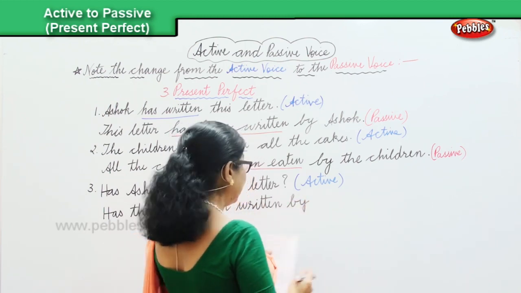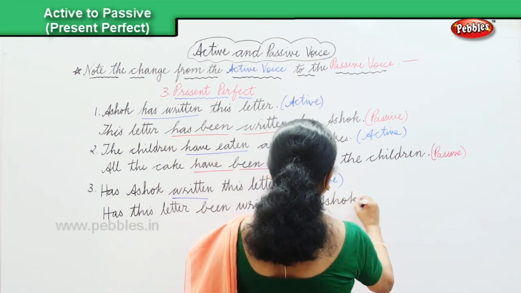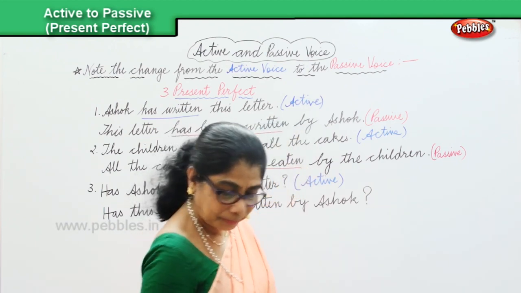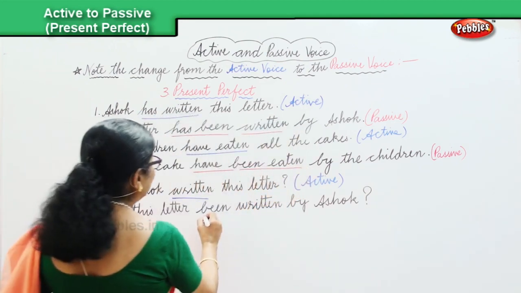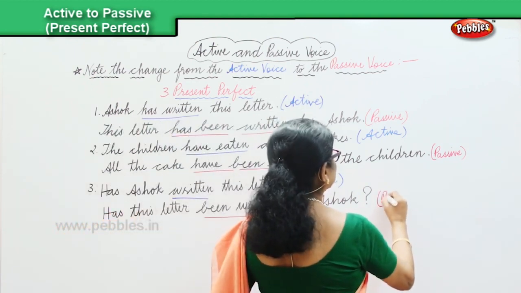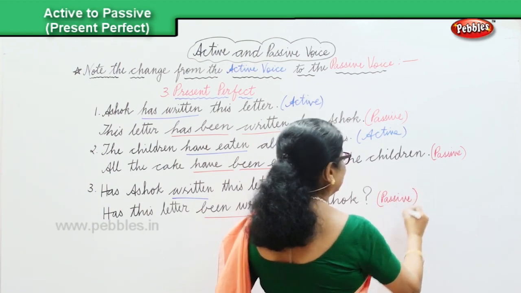Been written by Ashok? And that's in the passive voice. Okay? Been written. That's a verb. Passive. The passive voice. All right?